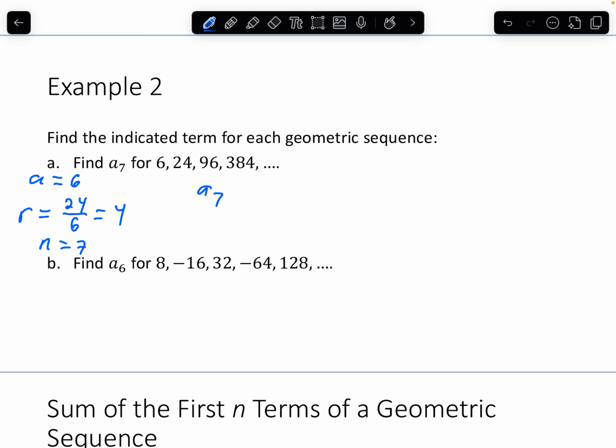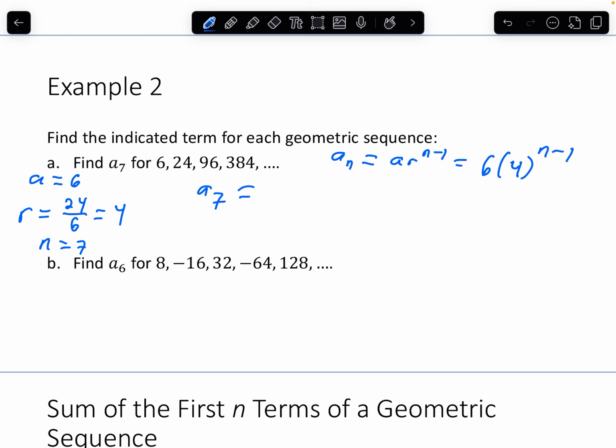Before writing out a sub 7, let me write out the general term, a sub n. This would be a times r to the n minus 1. So in this case, 6 times 4 to the n minus 1.